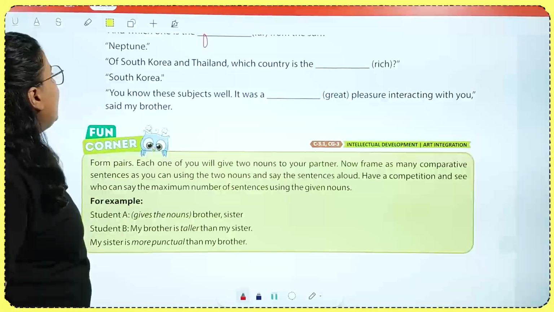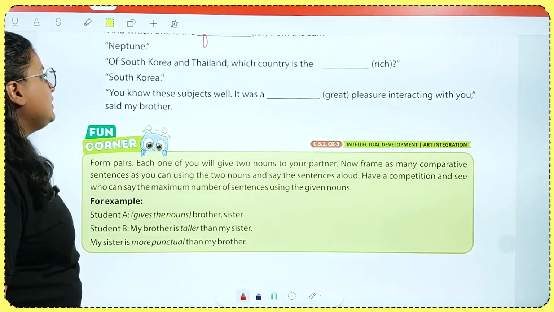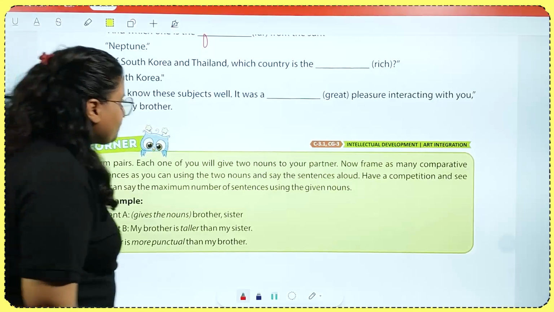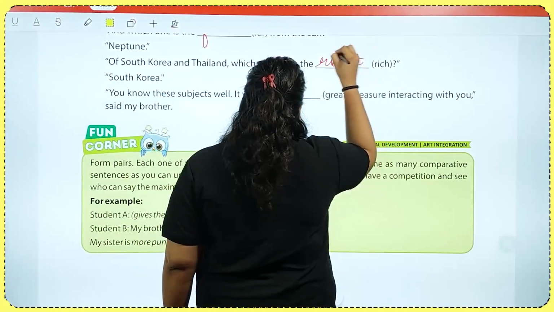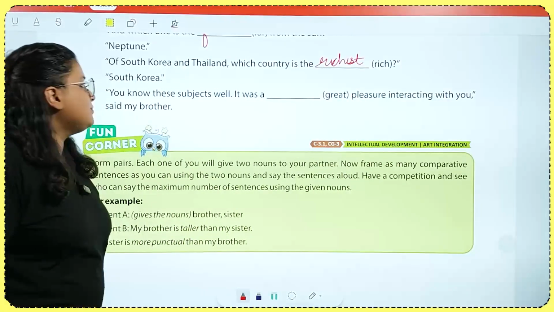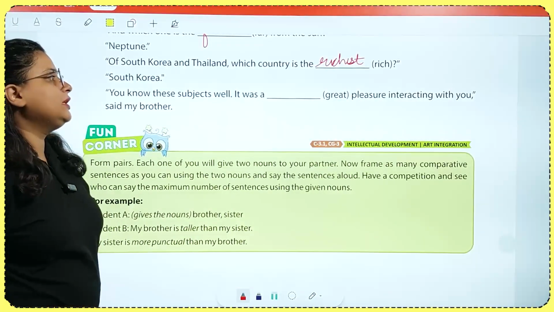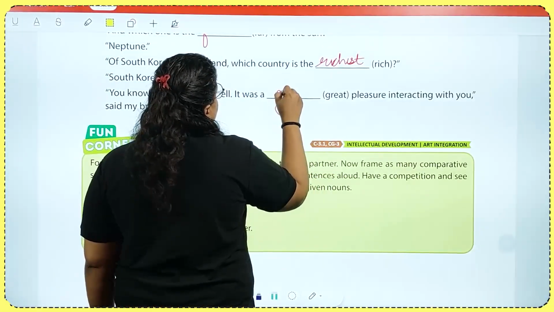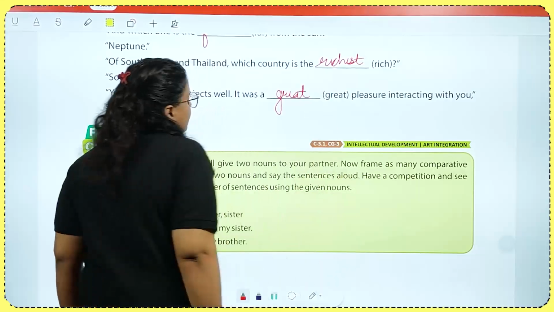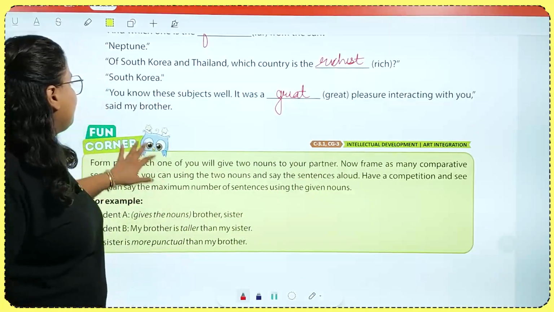Of South Korea and Thailand, which country is the dash richest? You know these subjects well. It was a dash pleasure interacting with you. It was a great. We'll not change this.